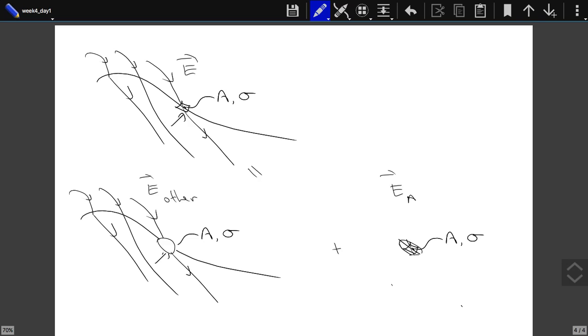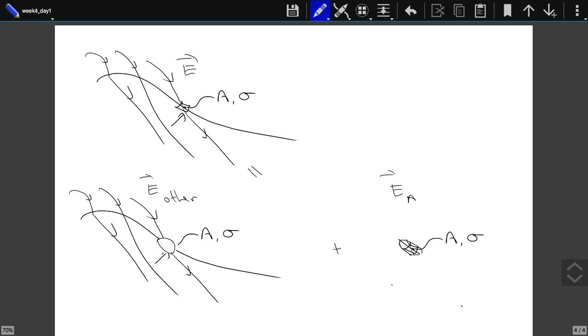I know that if I am crossing this surface charge, the electric field need not be continuous. There can be some discontinuity, and the discontinuity in the electric field is proportional to the charge density at that point on the surface.